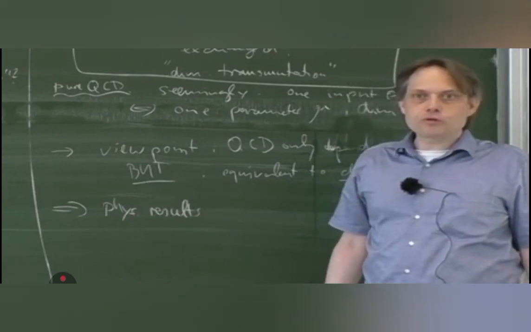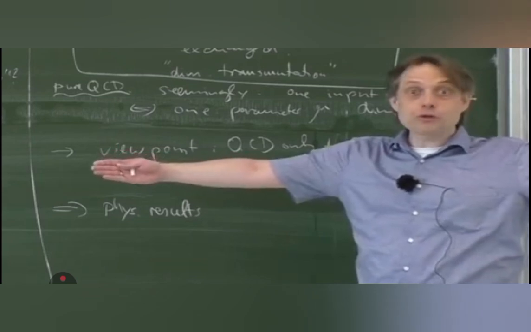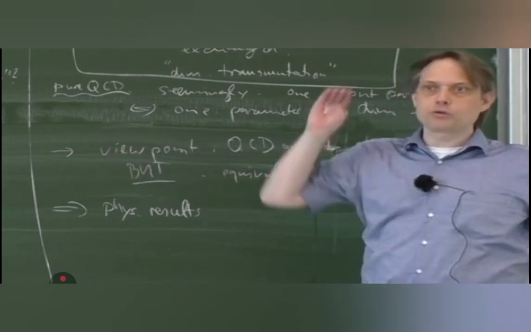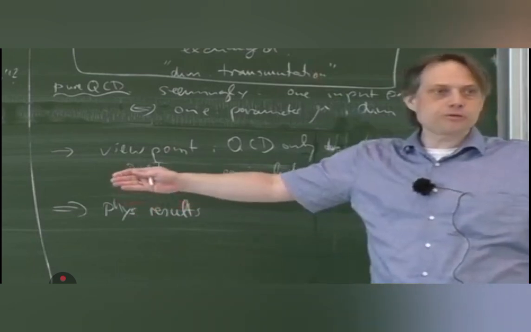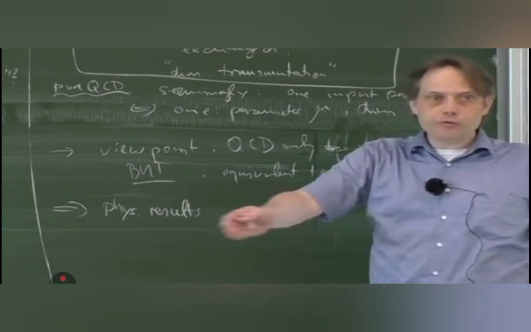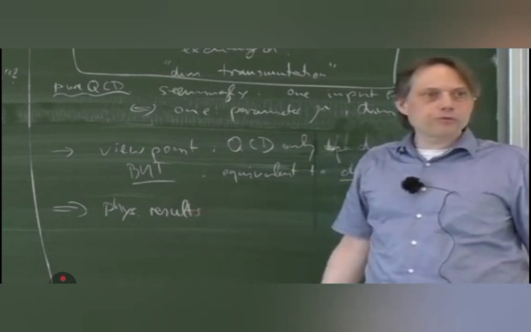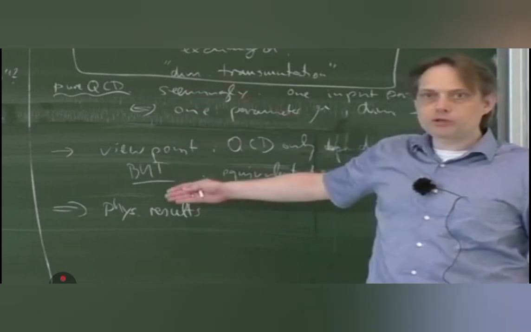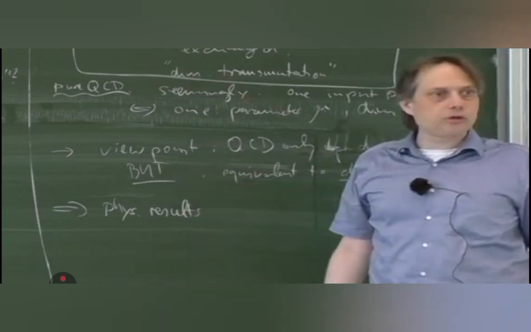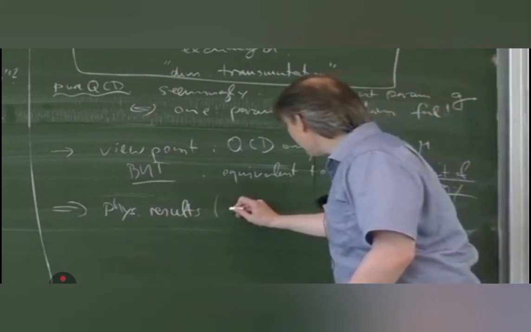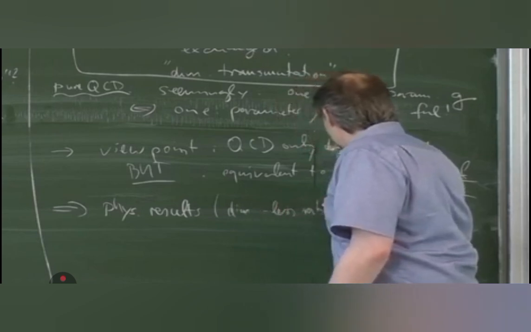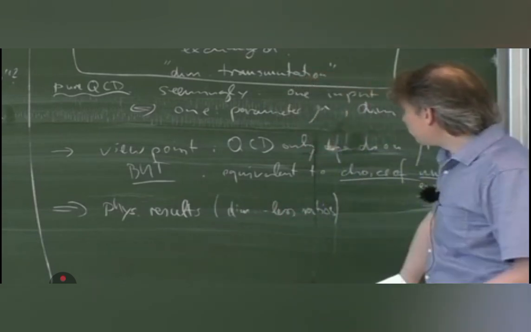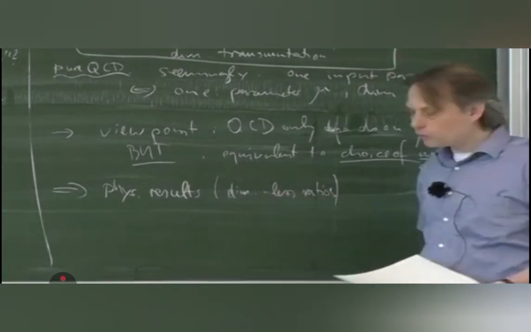The ratio between the length of interest divided by some other length, like the size of the proton compared to how many protons fit in your meter. So you have two physical objects, both described by the same theory, and it's one relation. And therefore physical results are always dimensionless ratios. They cannot depend on your choice of units.